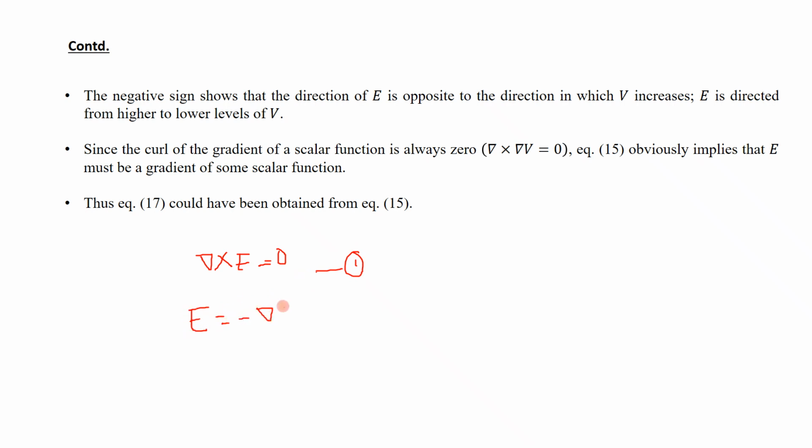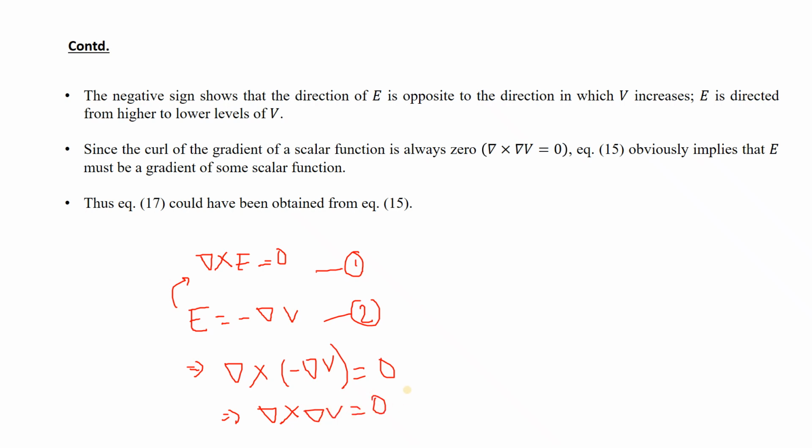Then E is equal to minus del V, gradient of V. If we put this over here, we can write curl of minus gradient of V is equal to 0. Or if it is 0 already, then we don't have to put the minus sign. We can directly write that curl of gradient of V is 0, because it is always true.